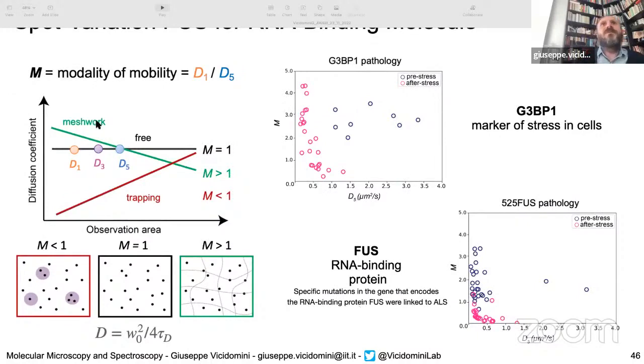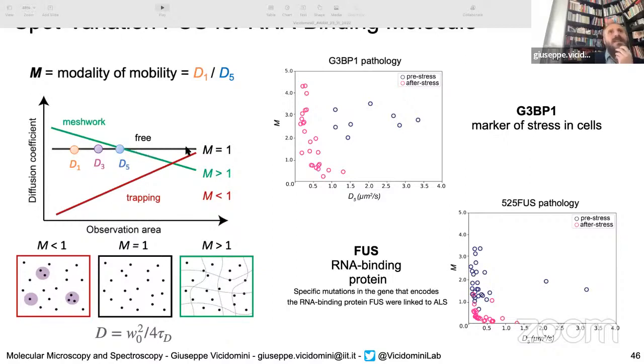So in this case, we do not use the diffusion law as I showed you before, because instead of plotting the transit time as a function of the observation volume, we plot the diffusion coefficient as a function of the observation volume. Obviously, the diffusion coefficient is connected to the transit time by a linear relation, so more or less the data contained in this representation is the very same.